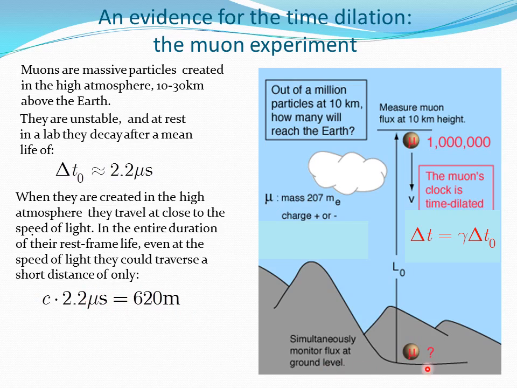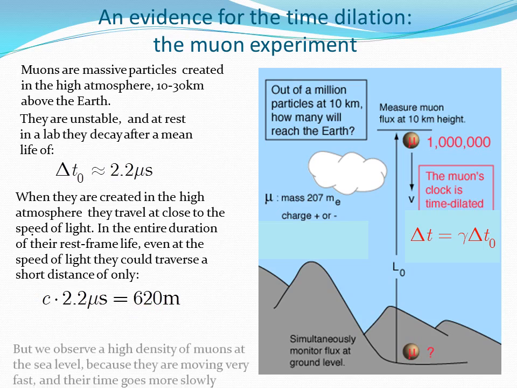Therefore, we would expect to observe no muon at all here at the sea level, since they would die here after having traveled the short distance of 620 meters.